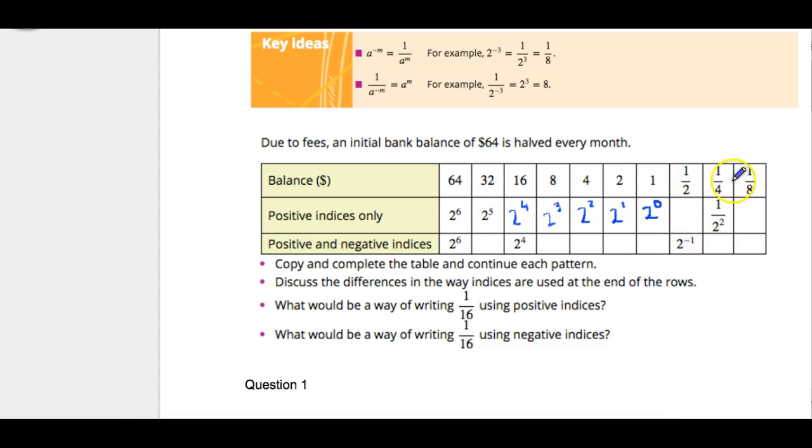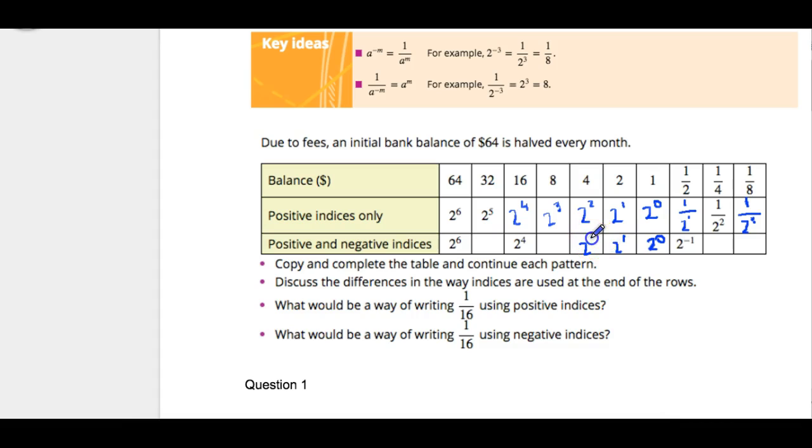But what happens when we get to these fractions? Well, you can still write 1 over, but the 2 you can write as a power. So there we have 1 over 2 to the power of 1, 1 over 2 to the power of 2, then 1 over 2 to the power of 3. And in this last row, we're writing them as positive and negative indices. So basically right up to here, where we have 2 to the power of 0, they're all positive.